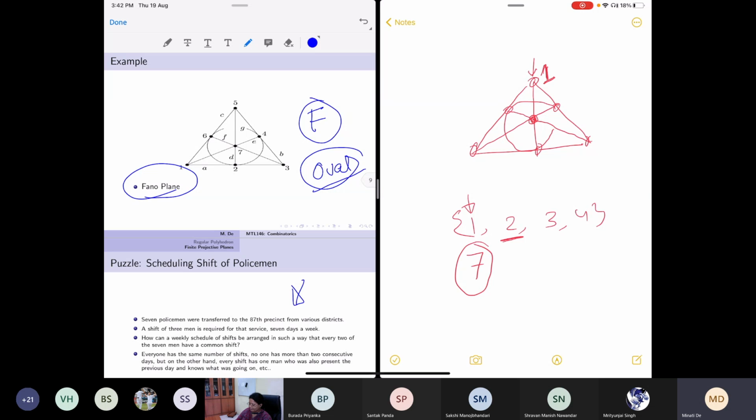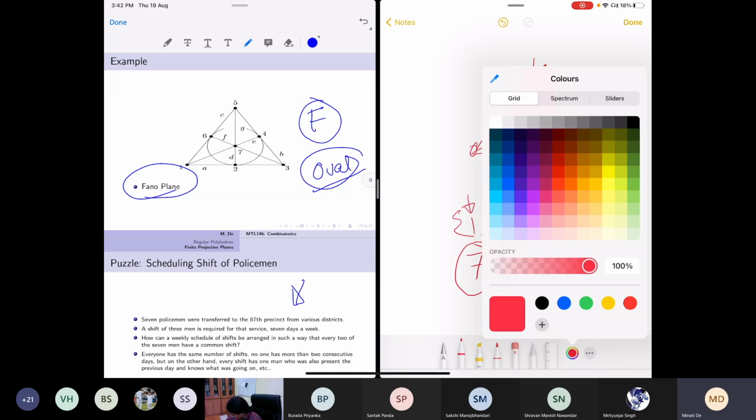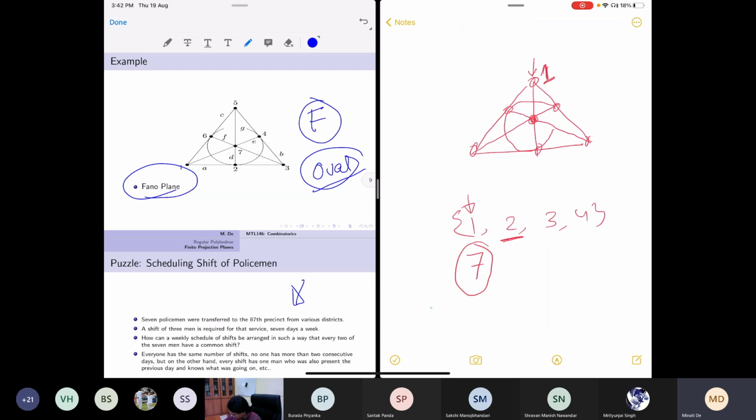You can see I have 6 remaining vertices, and any of them I can label as the second vertex. So let's consider that this is my second vertex, which I label as 2. After the first position is filled, I can fill the second position in 6 ways.